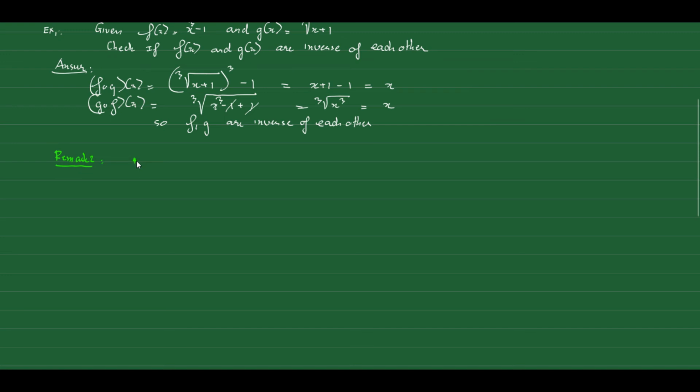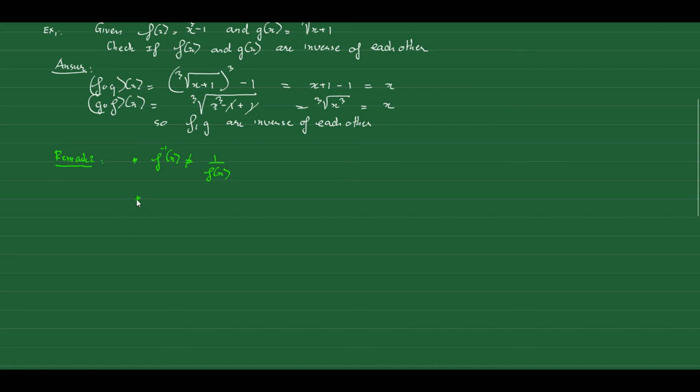The first remark: I want you guys to notice that f inverse of x is not the same as 1 over f of x. So the negative 1 here doesn't mean a negative exponent where you flip it. No, it doesn't mean that.